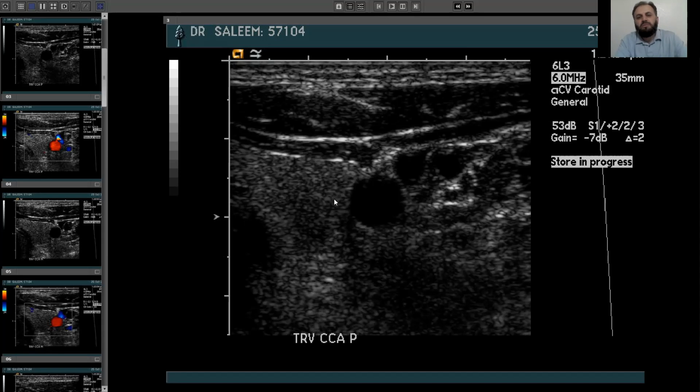Here our landmark is the thyroid tissue. On the proximal CCA, if we're looking for the transverse shots of the common carotid artery, the thyroid tissue is one of our landmarks. You may see this much thyroid tissue, or you may see a little bit, and it depends on the neck size.